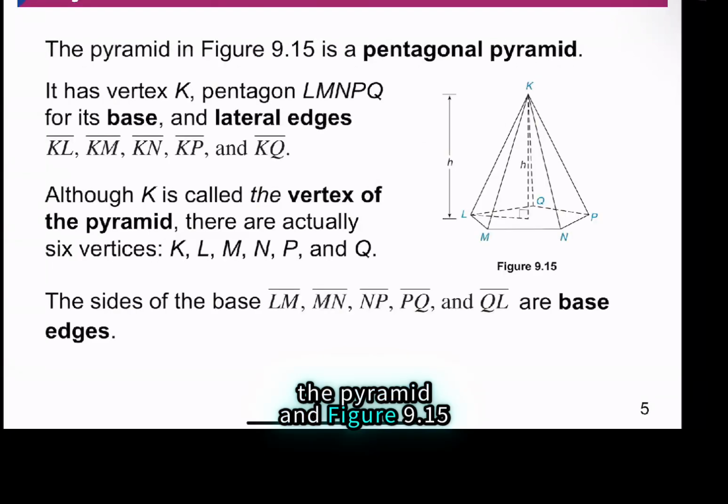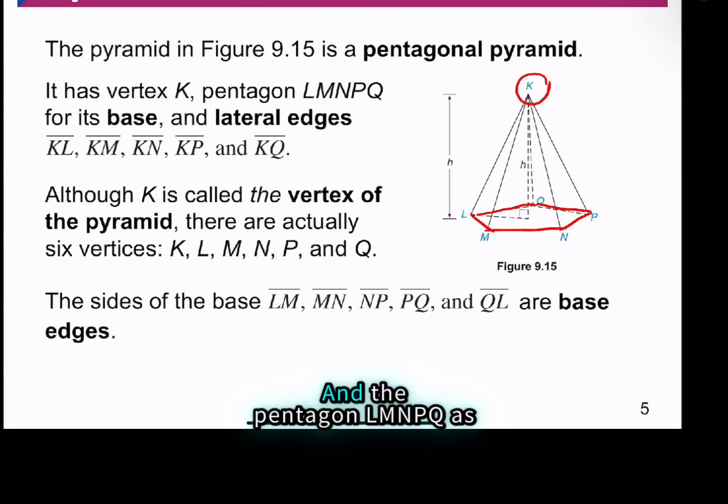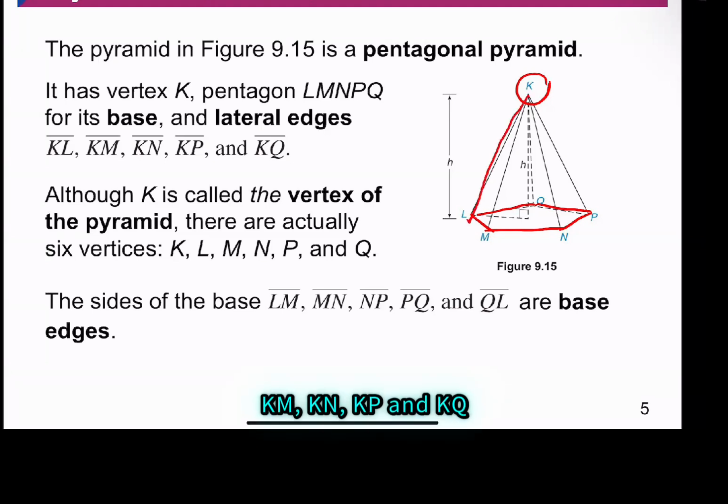The pyramid in figure 9.15b is a pentagonal pyramid. It has a pentagonal base. It has the vertex K and the pentagon LMNPQ as the base, and the lateral edges KL, KM, KN, KP, and KQ.